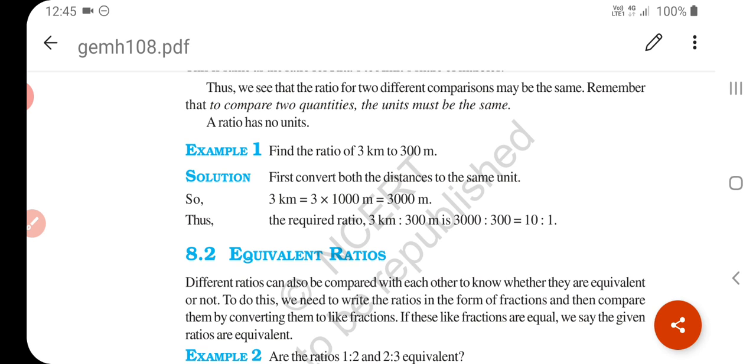First you have to convert into the same unit, then compare. Understand? So these two things you have to remember in this chapter.